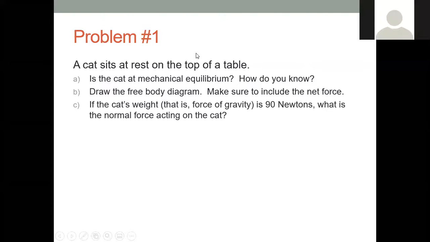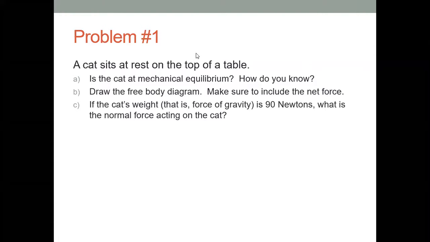So let me turn off my video here. So in your notebook, you can just write, this is problem number 1. And problem number 1 says this: a cat sits at rest on the top of a table.